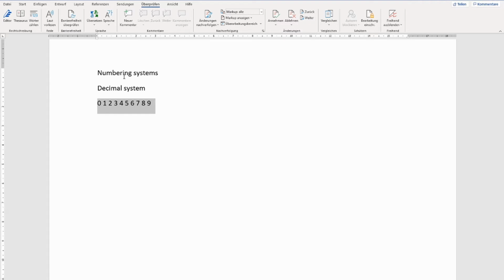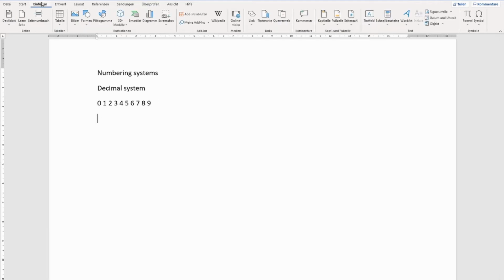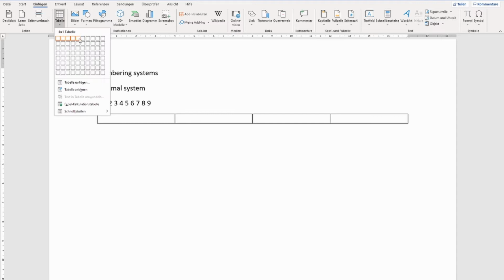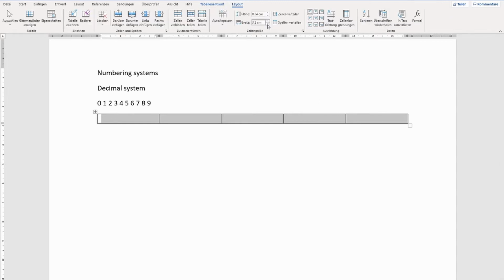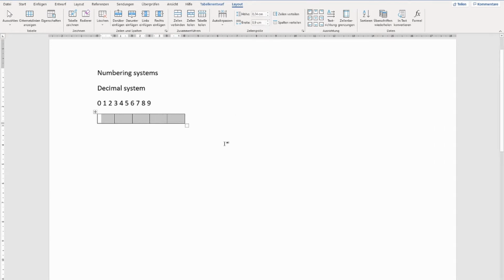Every time I want to count one more, I increase the symbol. So let's say I have a number.